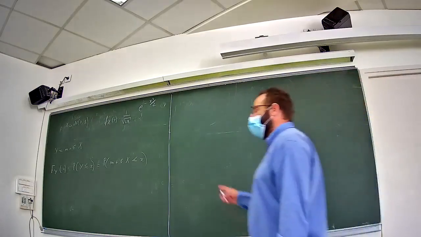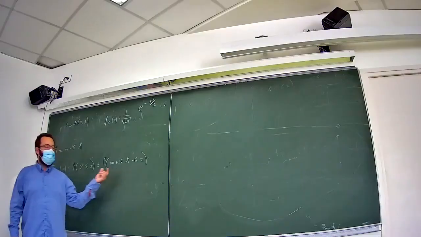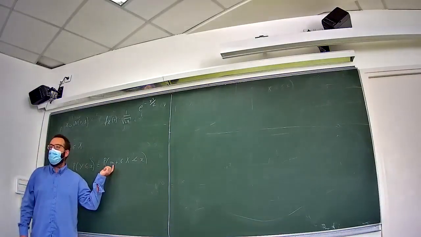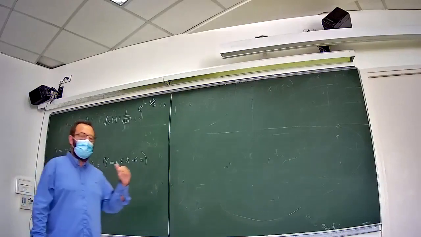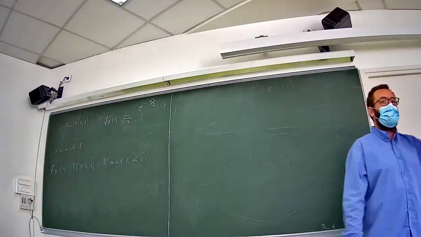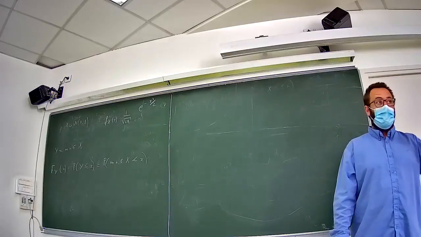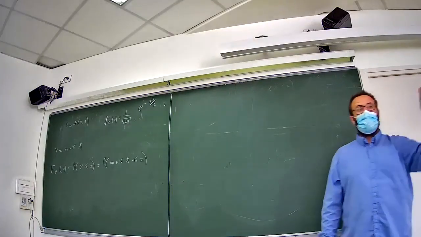But I have to be careful in this situation, because if I want to isolate capital X, what will I do? I will subtract m and divide by sigma. But you know that when you add something to an inequality, it changes nothing. But when you multiply or divide by something, this something has to be positive if you don't want to change the side of the inequality.